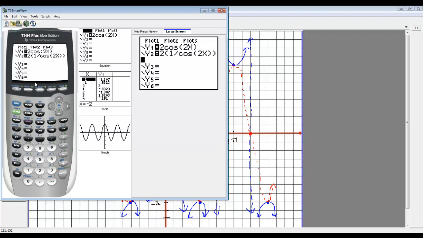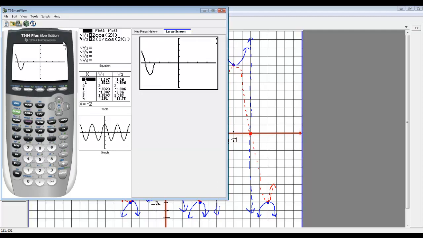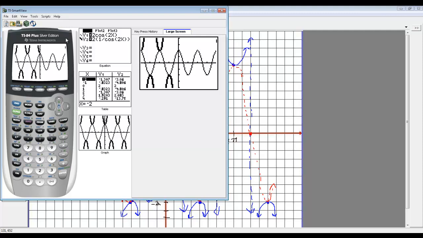And let's go ahead and make that one thicker, and then hit graph. And there you go. It doesn't draw the vertical asymptotes, but at least you know where they're supposed to be. But there's the relationship between them.